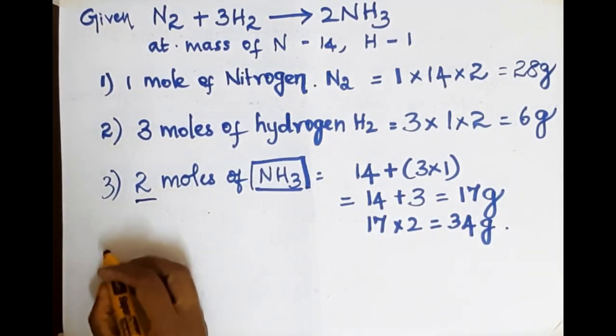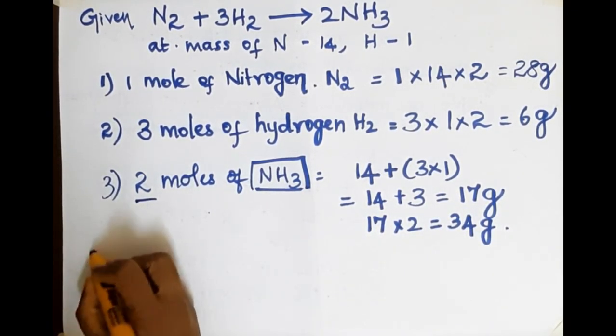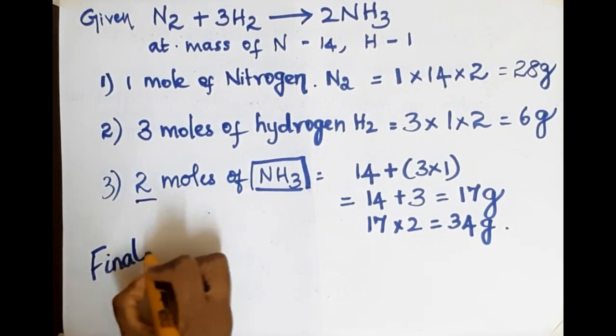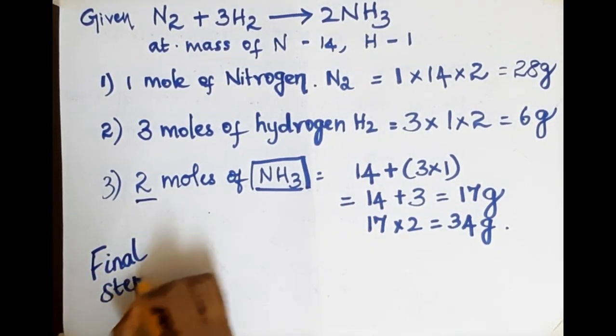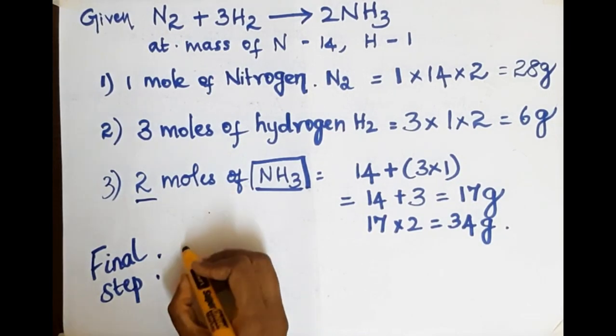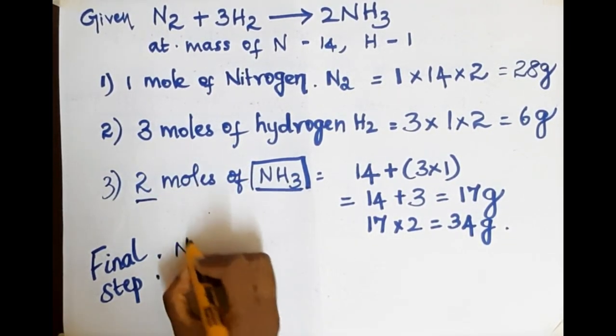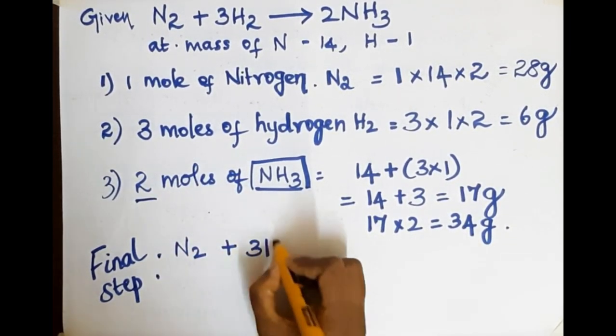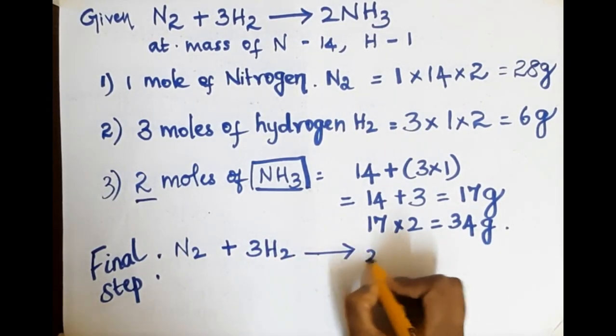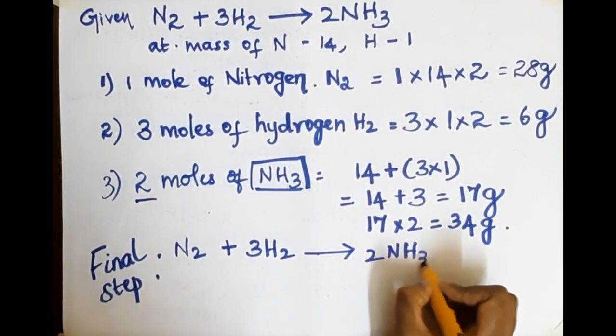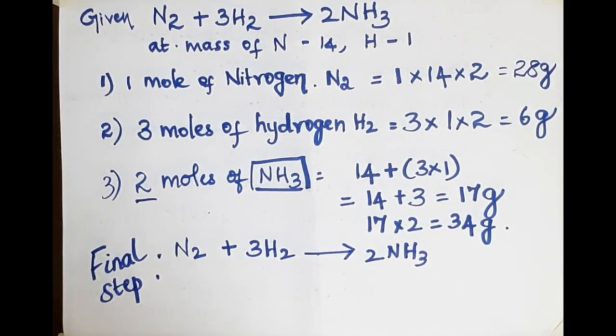Now look here, children. This is very important. The final step. See here. N2 plus 3H2 gives 2 ammonia. Okay. So this is the equation which is given in the textbook.